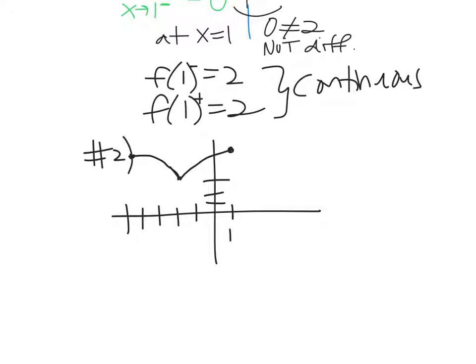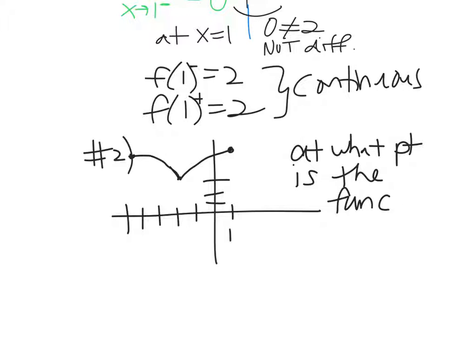It says, at what point or points is the function differentiable? I'd rather ask, where is it not? You know what I mean? So at what point is the function differentiable?